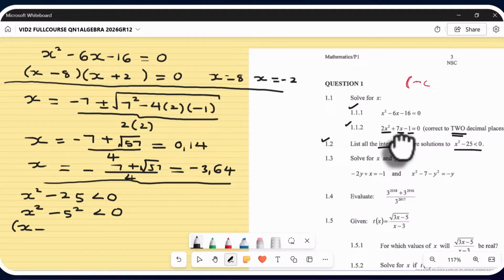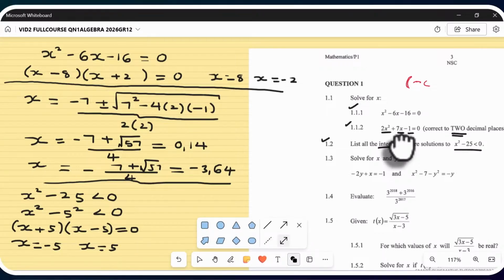After getting critical values, like we said before, look at the coefficient of x squared and then put a number line. Because the x squared is positive, the shape of the parabola is positive, right guys? So the parabola comes like this, meaning from here up to here.